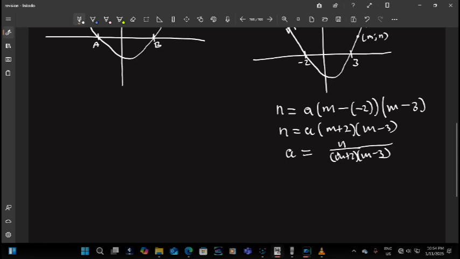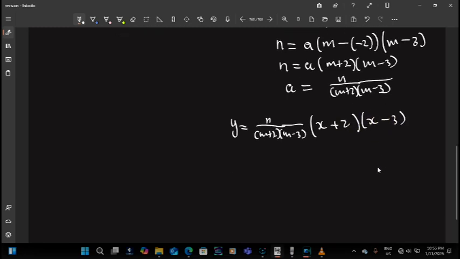After finding a, you're going to say y is equal to a, which is n over whatever, suppose it will be a number, m minus 3. Suppose this is a number, into x minus x1, plus 3, plus 2, into x minus 3.